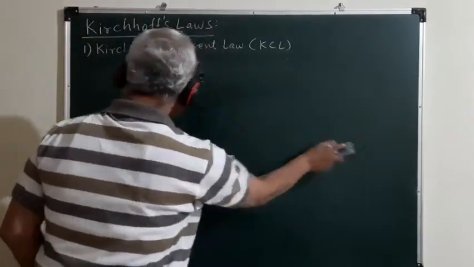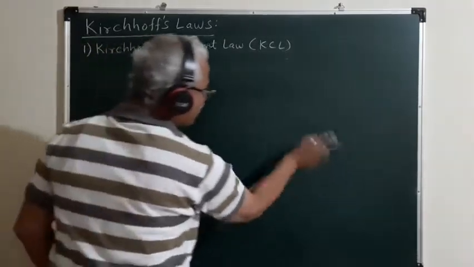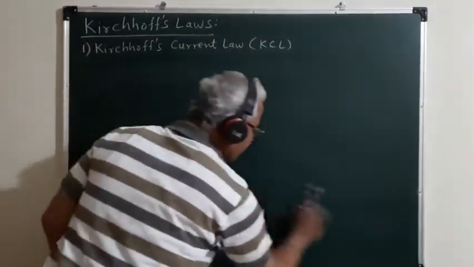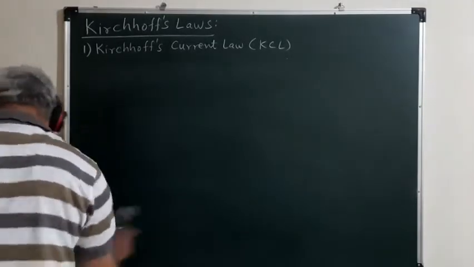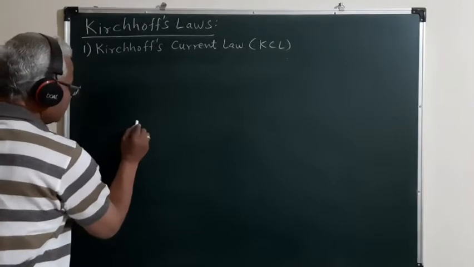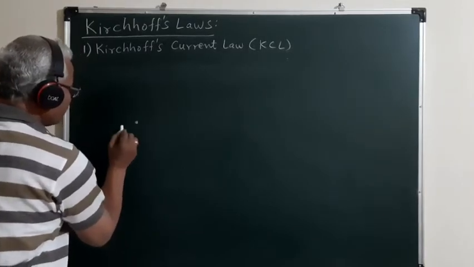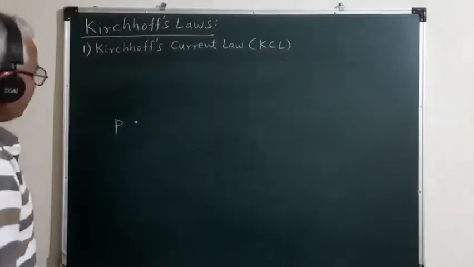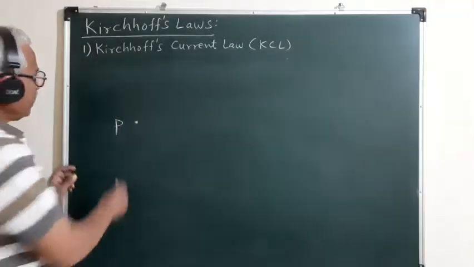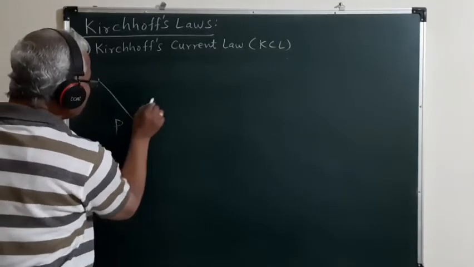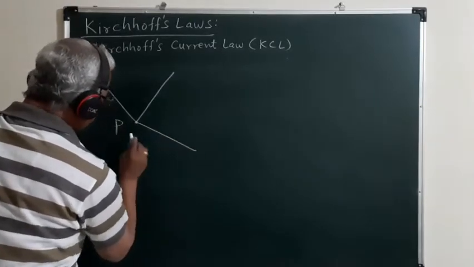Kirchhoff's current law is applied to a junction in the given network. Suppose we have this junction P in the given network, and at this junction P there are various branches of that network arriving.